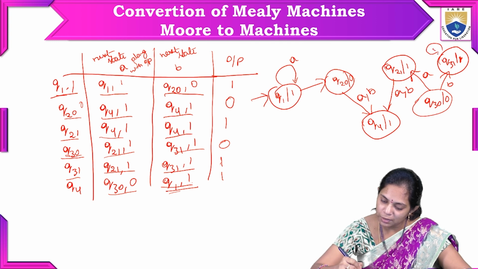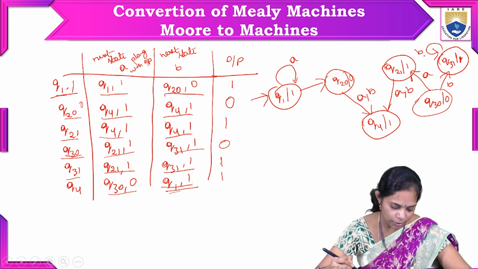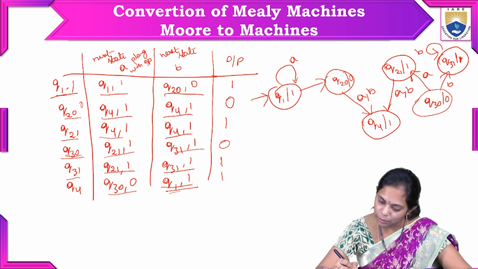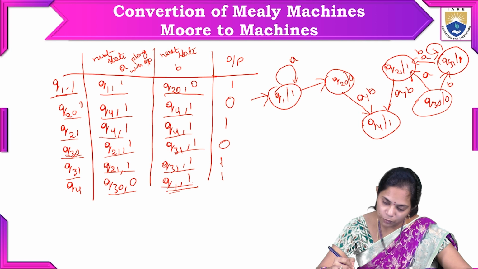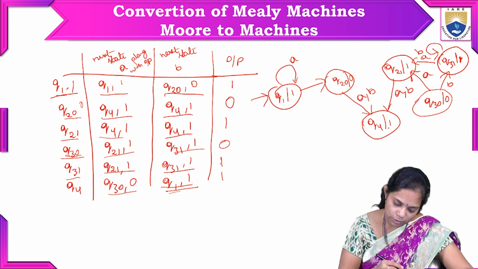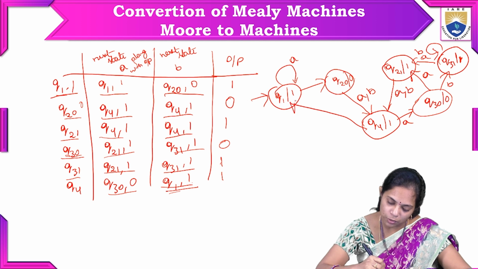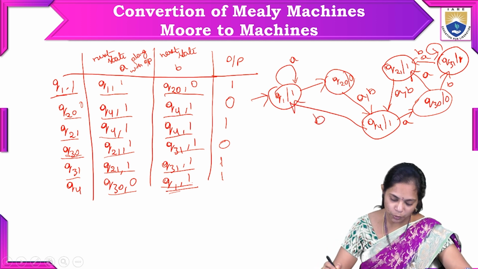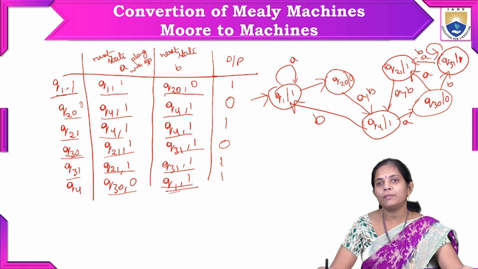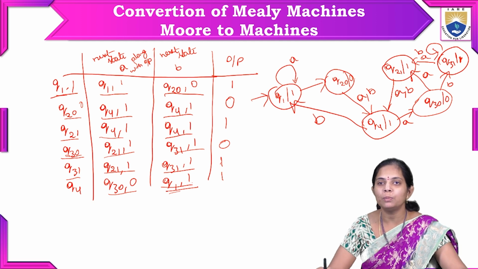So Q3 1 itself, it is having the B as an input, and when we are giving A as an input to the Q3 1, it is going to Q2 1, and next for Q4. So when we are giving A as an input, it is going to Q3 0, and when we are giving B as an input, it is going to Q1 itself. So this is how we have to construct a Moore machine from a Mealy machine.